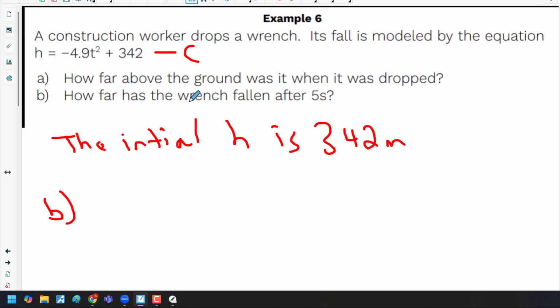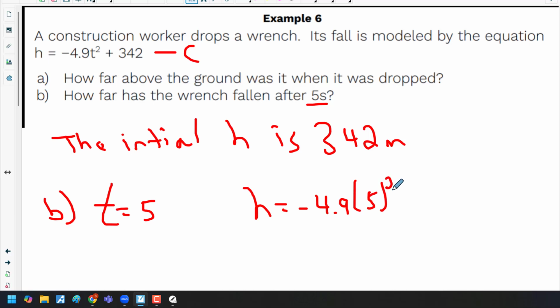B, how far has the wrench fallen after 5 seconds? Well, they gave us the time. It's 5 seconds, so t is equal to 5. Just plug it into the equation. So what is the height? Height is negative 4.9 t squared, but obviously we know t is 5.